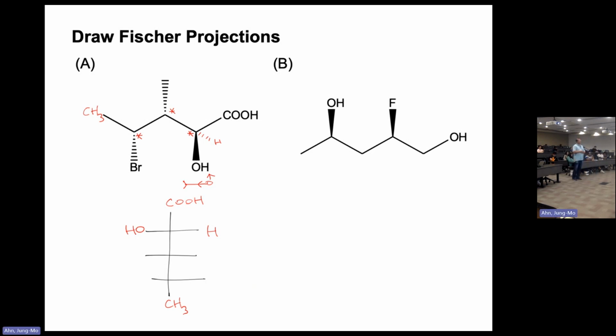Now, moving on to the middle one. If you're still lying down, looking up, these two vertical lines are not going away from you. They're actually coming toward you. So you should change your perspective. You have to look from the ceiling, looking down, to make these two vertical lines go away from you, because that's the Fischer convention.